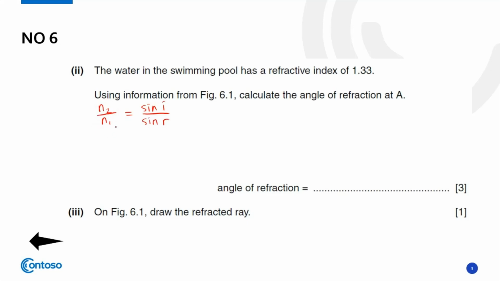N1 is the refractive index of the first medium. I is the angle of incidence. And R is the angle of refraction.